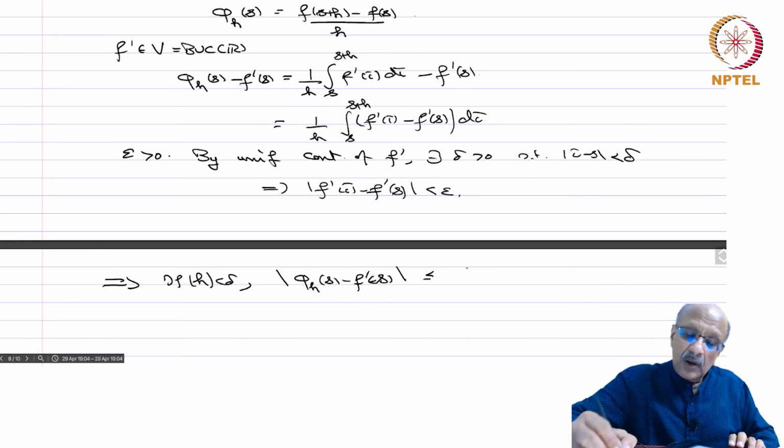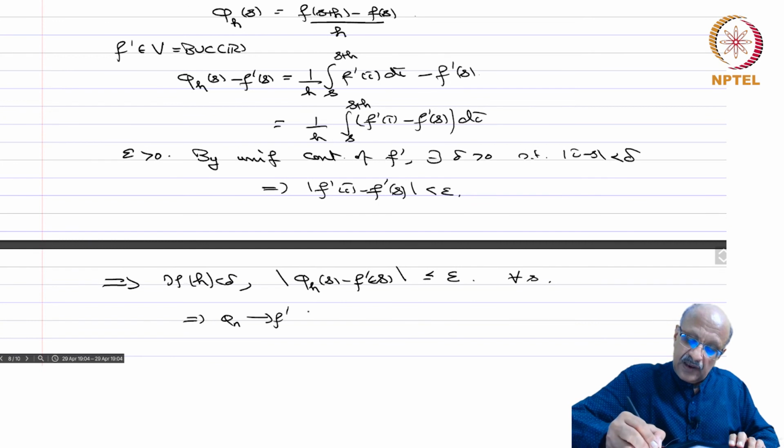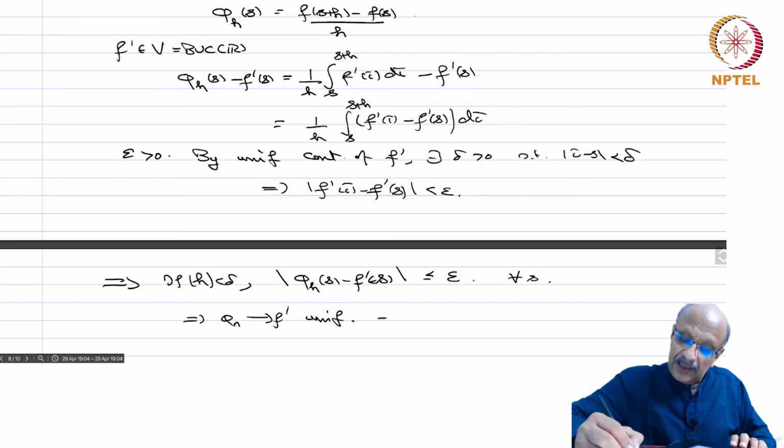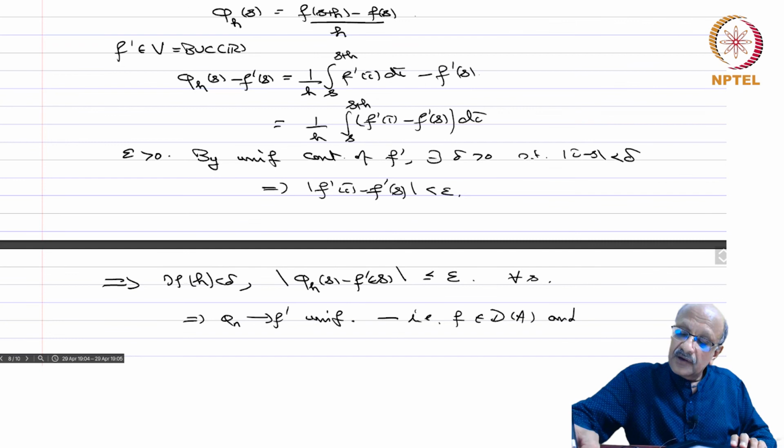You pull it out and then you have integral s to s plus h d tau by h. So the whole thing is less than epsilon, for all s. That means phi h converges to f dash uniformly, but that is exactly saying that f belongs to D(A) and A of f equals f dash.